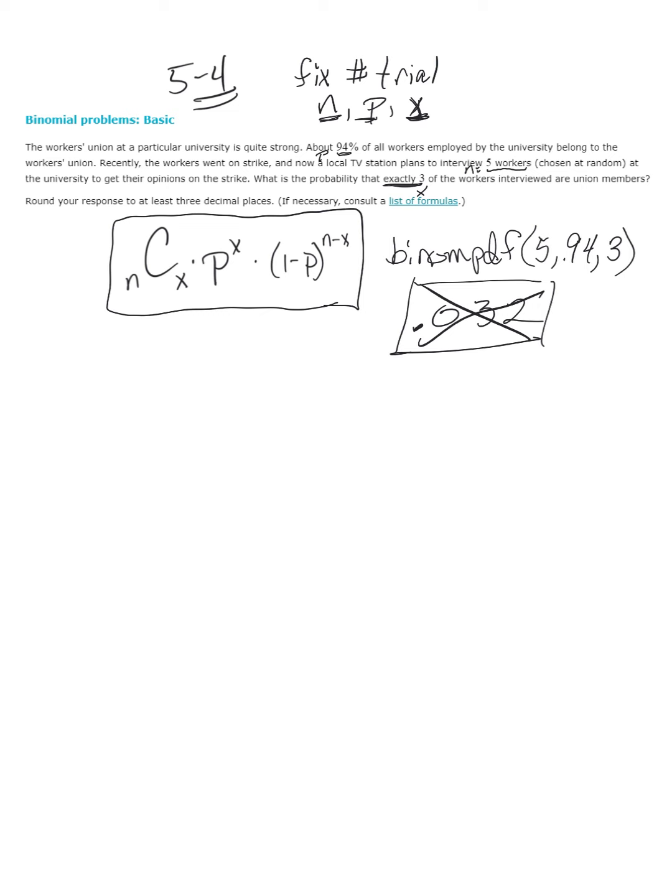Number of trials is 5, probability is 0.94, and the x value is 3. 0.030 when you round it. Okay, that would be the PDF one. Let's look at another one. Again, I used PDF because of the exactly here.